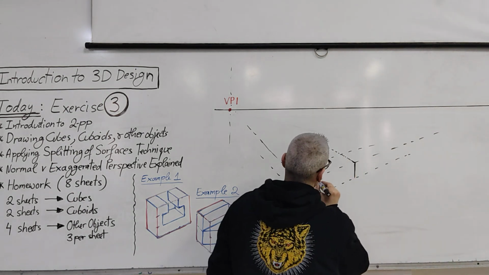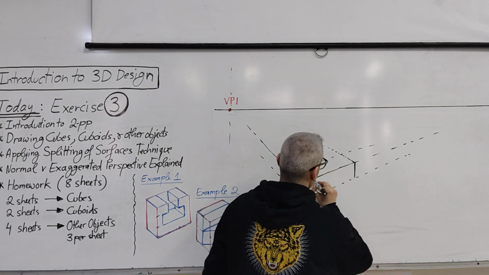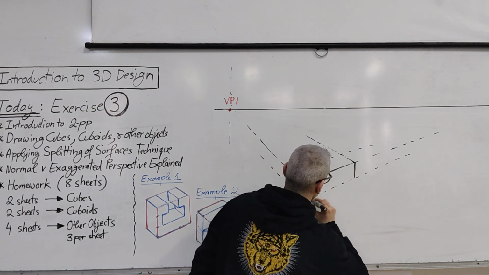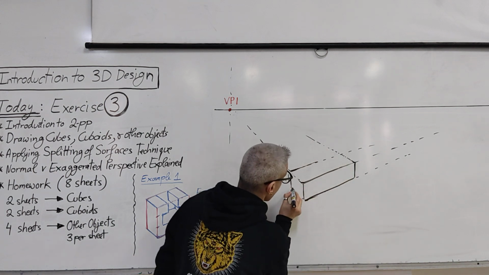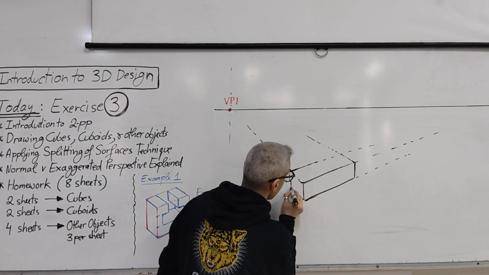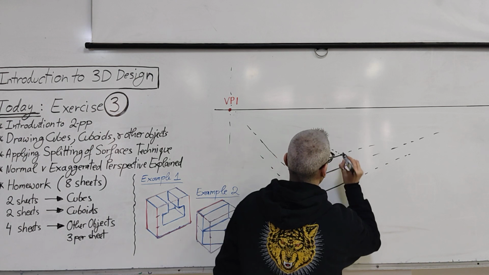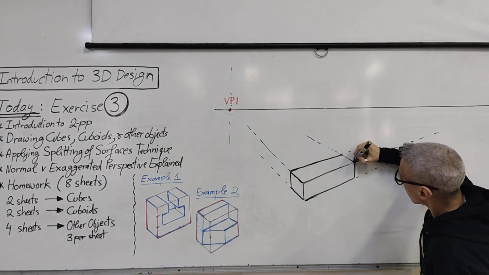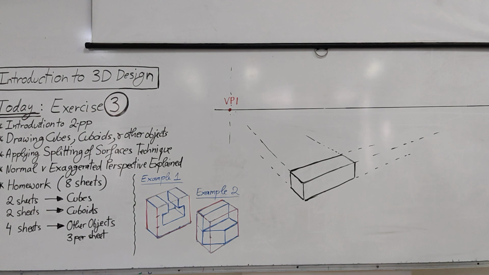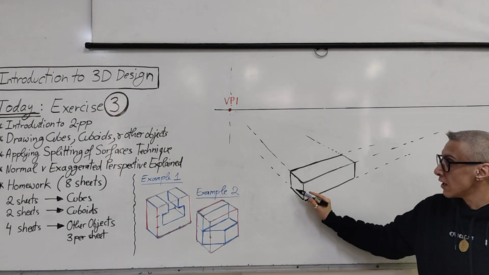And after that, I'm darkening the object lines. So the lines that I select for sure must be darkened to be clear.